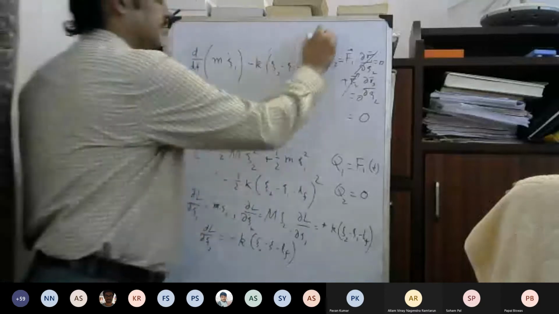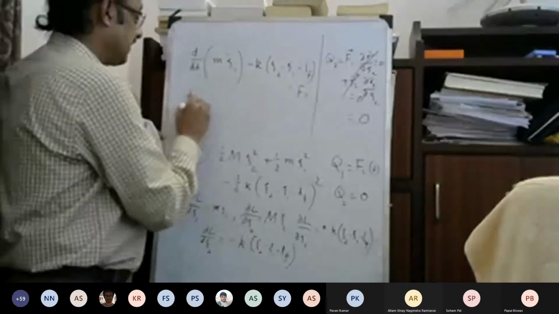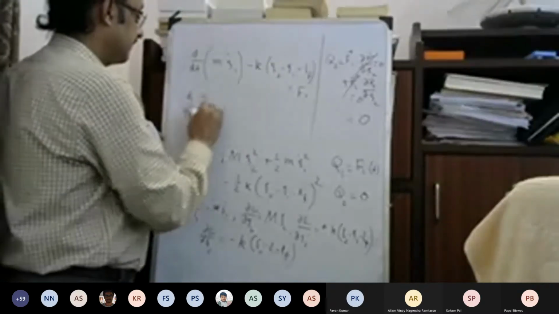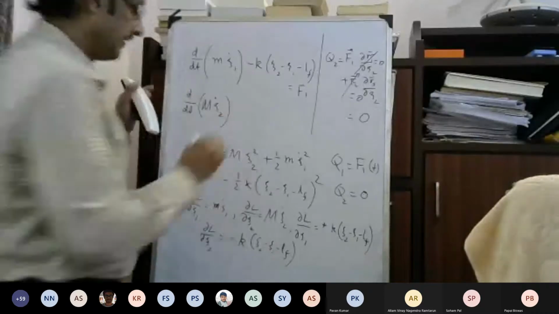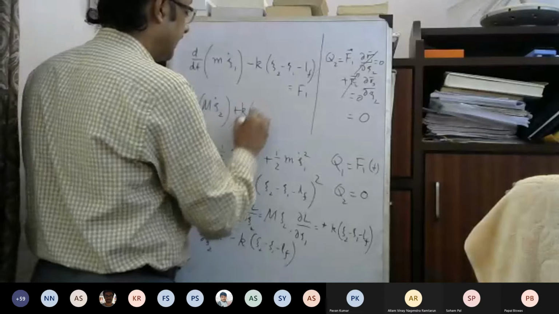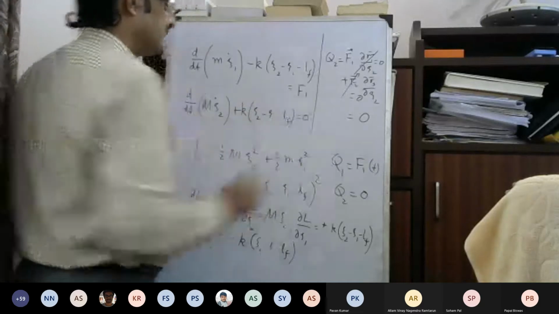This is the first equation. And the second equation will be d/dt of m zeta 2 dot, plus k zeta 2 minus zeta 1 minus Lf, equal to 0.